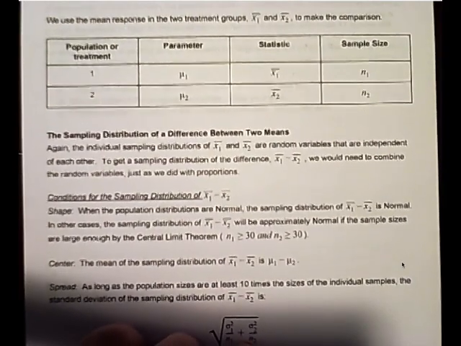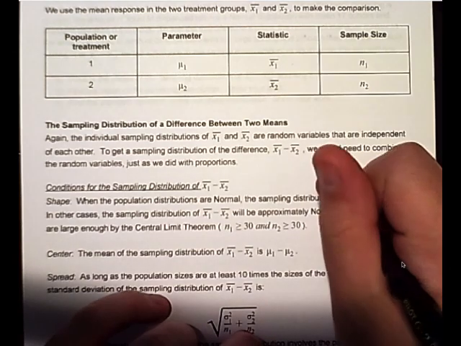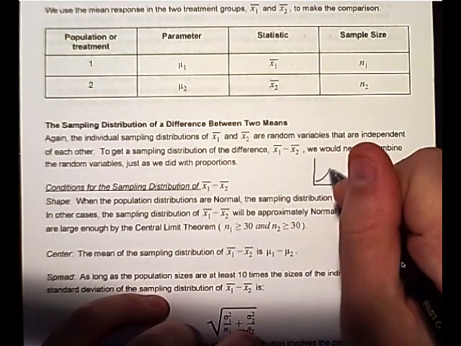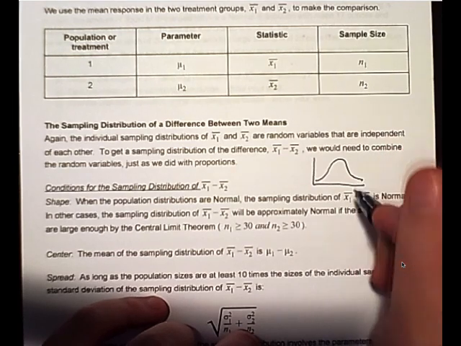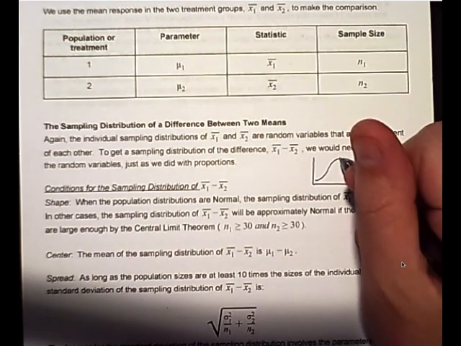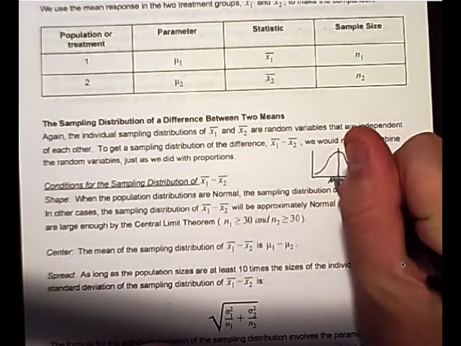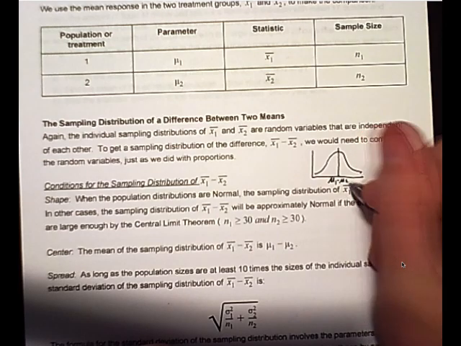When you look at the sampling distribution of a difference between two means, assuming it meets certain conditions, hopefully it's some sort of normal curve, we would expect the true center of that to be the true difference between the means.